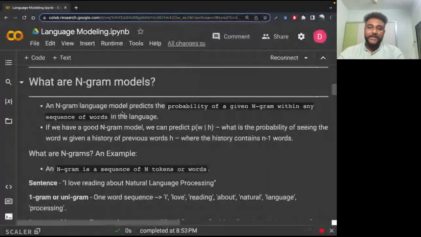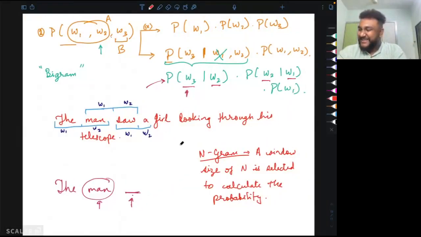Largely speaking, guys, the computational complexity increases a lot with this n, right? Don't you agree that if I start taking n to be a very large number, I will have to consider a very large window size to compute each probability. So typically what people do is they stop at around 3 or 4.